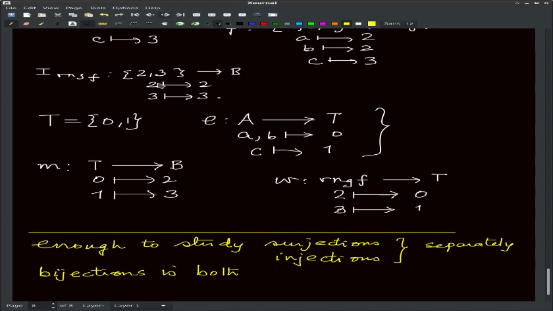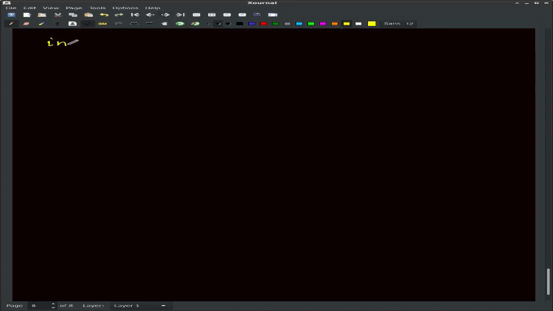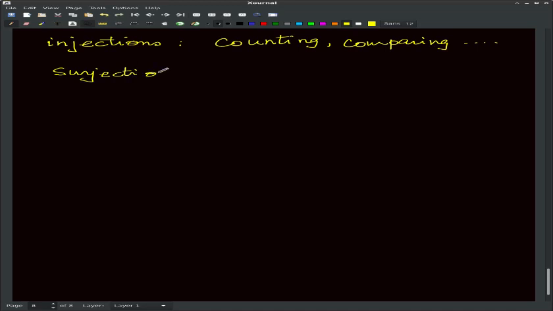So what about injections? The idea is about counting or kind of comparing. What about surjections? The idea is about killing, or gluing, or identifying.